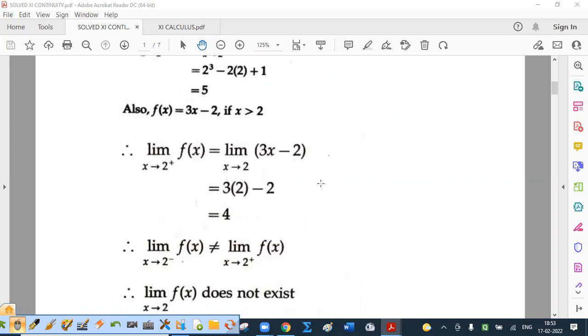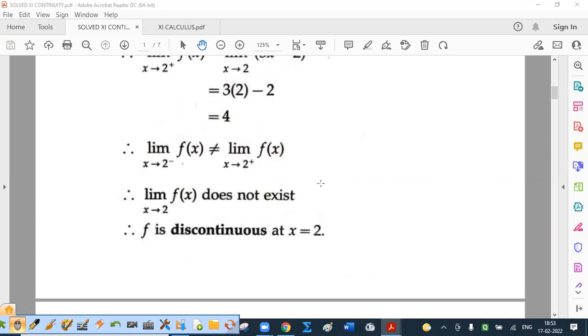So limit does not exist. So clearly the function is discontinuous at x equal to 2. See, there is no point in finding the value of the function at that point, because left hand limit is not the same as right hand limit, so the limit doesn't exist. In the next lecture, we are going to call this discontinuity an irremovable discontinuity.